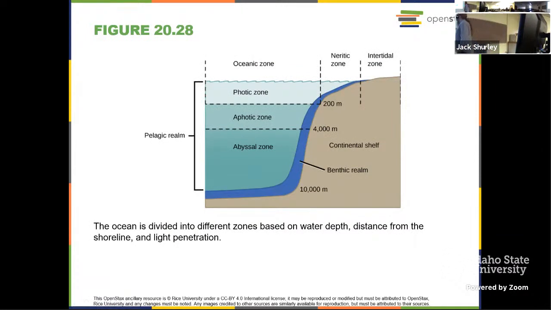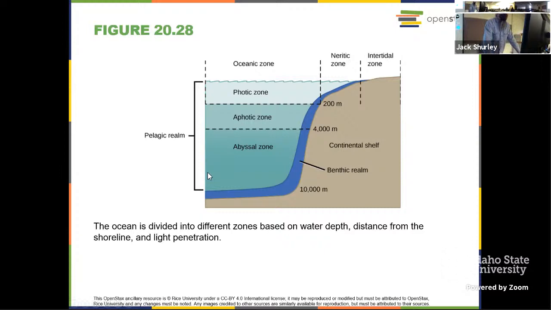So the ocean is divided into some different zones as well, based off of the depth of the water and how far out to sea you are as well. So there are definitely some more potentials as we look up here, the intertidal zone, the neritic zone, where we may see more diversity, more possibilities for variation.